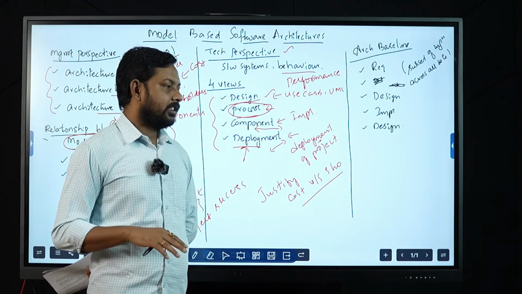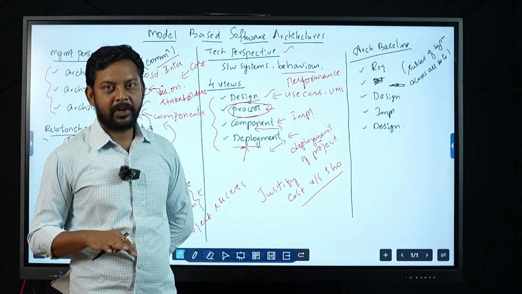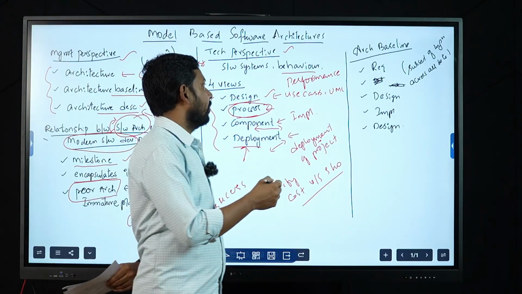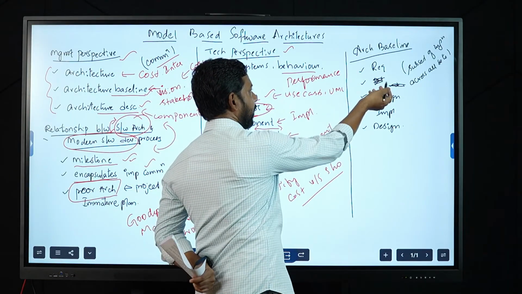Here your architecture baseline consists of 4 different parts, or 4 different sets.